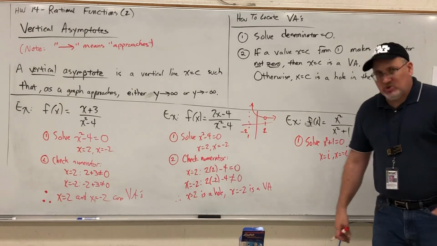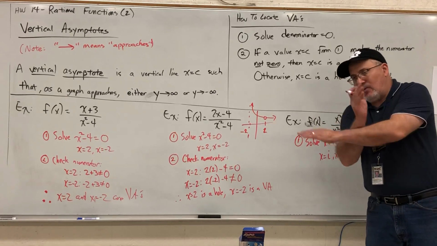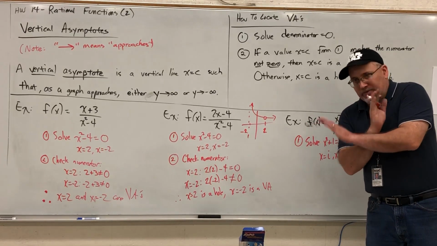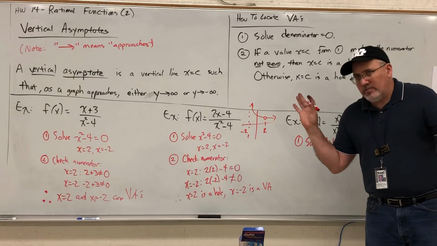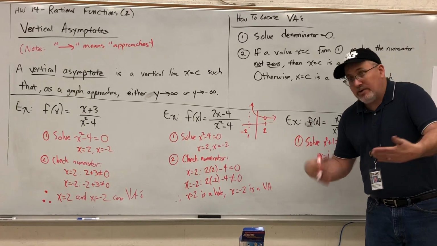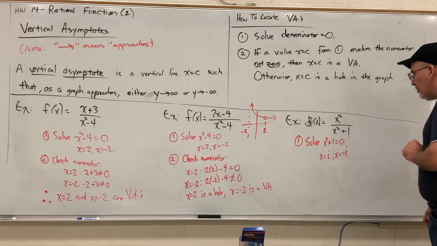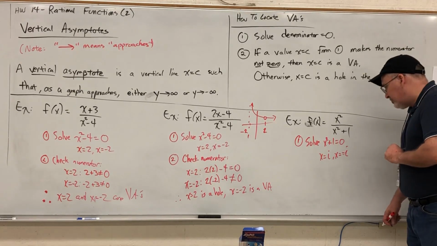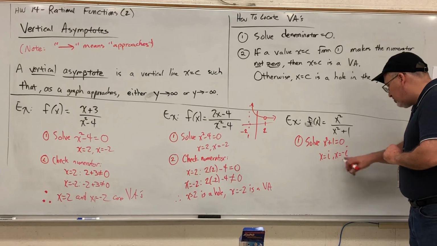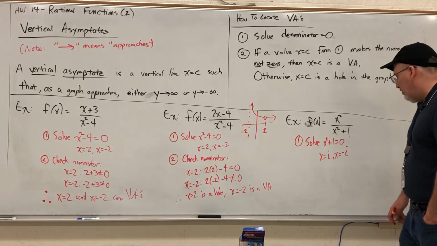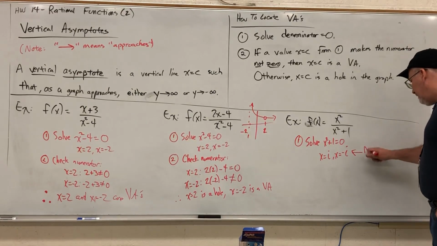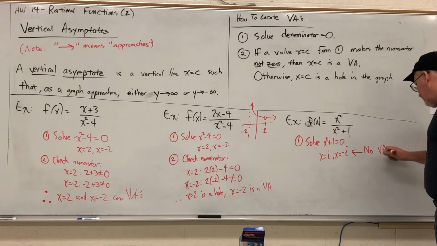Asymptotes are graph things. Graphs live on an x and a y axis where only real numbers play. There are no imaginary numbers on the graph, on the coordinate plane where we sketch graphs. So, if you are locating vertical asymptotes and the answers to the first step are not real, there are no vertical asymptotes.